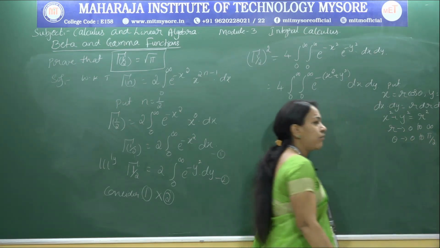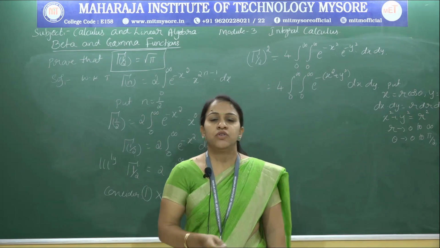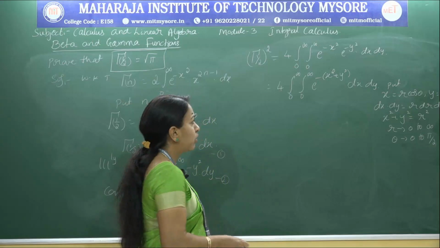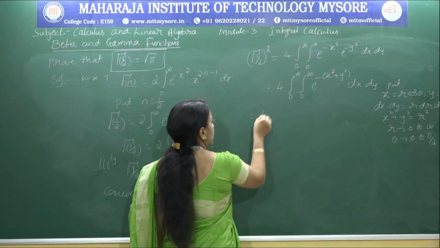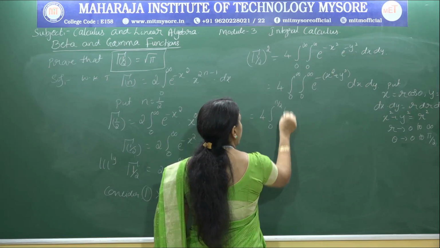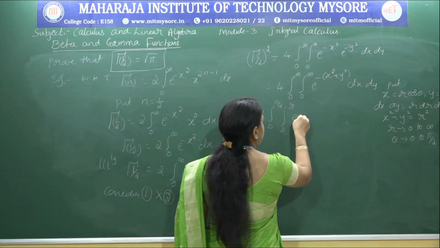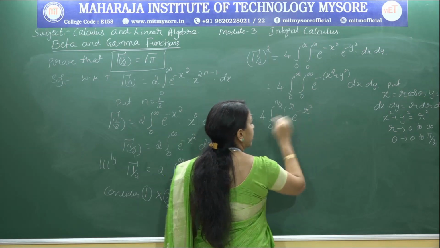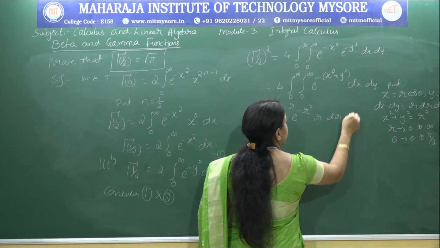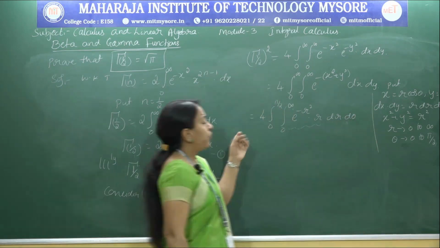This is a standard polar form, that is, evaluating the double integral by changing it to polar coordinates. So that is 4 times the integral 0 to pi by 2, integral 0 to infinity, e power minus r square into r dr d theta.